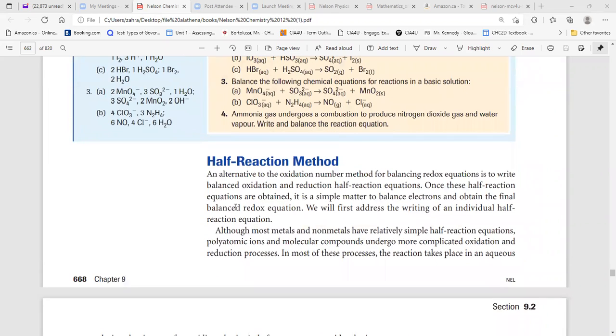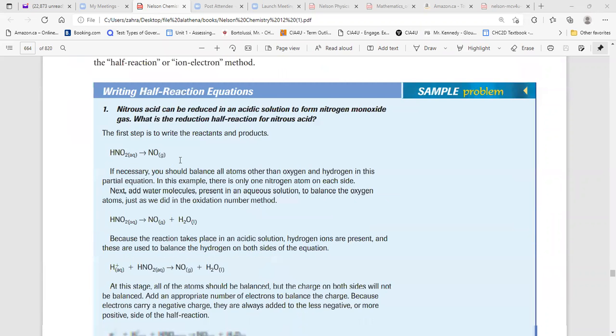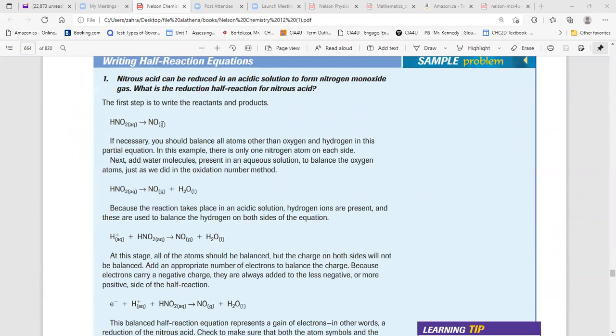Now half reaction method. So this is another method. When you have HNO2 going to NO, first you can balance everything, like the atoms that you have except oxygen. See, we have one N here and one N here. We don't need to put any number here, so it's balanced. Now, to balance the oxygen, you put in H2O.